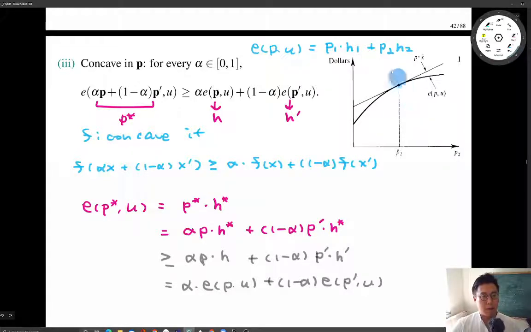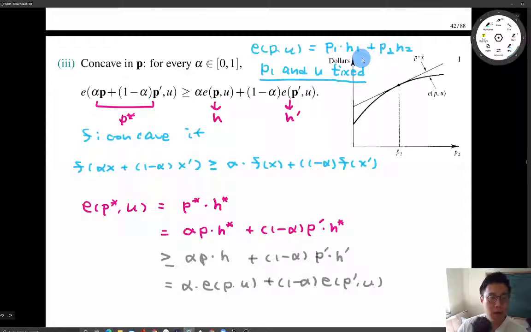Remember, H1 and H2 are both functions of prices. Here we fix P1 and U, holding the other variables constant, the ceteris paribus assumption. We change P2 only.